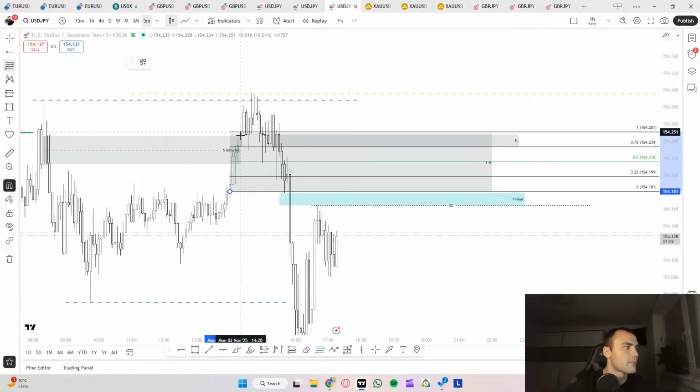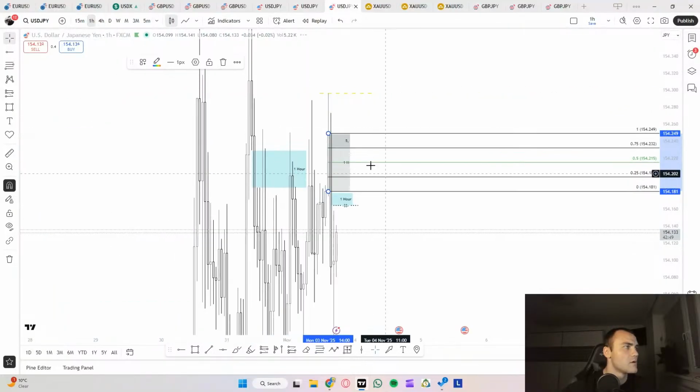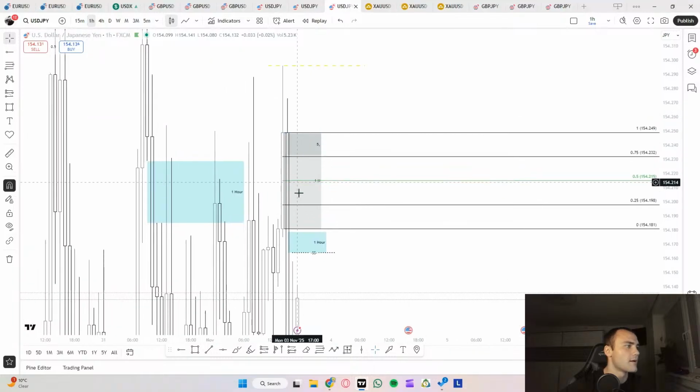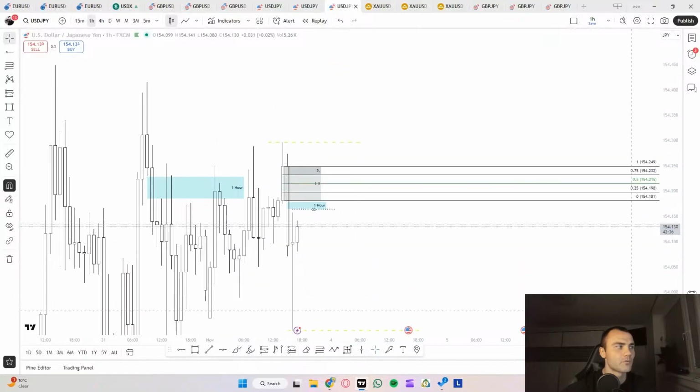And very important, it matches, not perfectly, but very well with the 75% level of the weekly imbalance of the hourly order block.